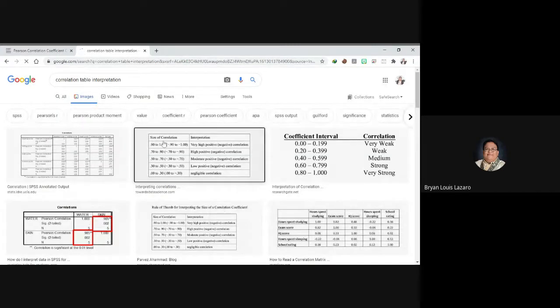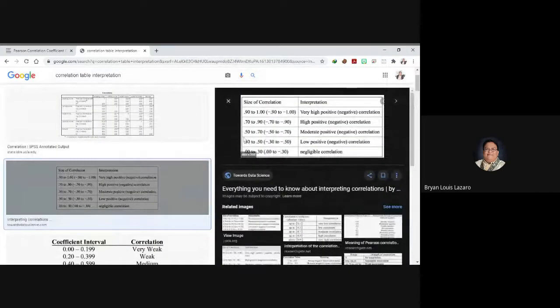Table interpretation. So, punta tayo dito. Ayan. Ito ngayon yung interpretation na gagamitin ninyo. Once the correlation falls from 0.00 to 0.3, negligible correlation. Ibig sabihin, walang correlation at all. Okay? Ilalagay ko ito sa PowerPoint mamaya.